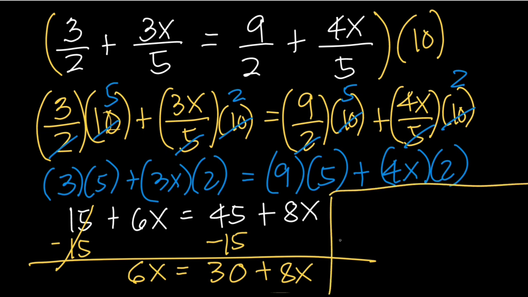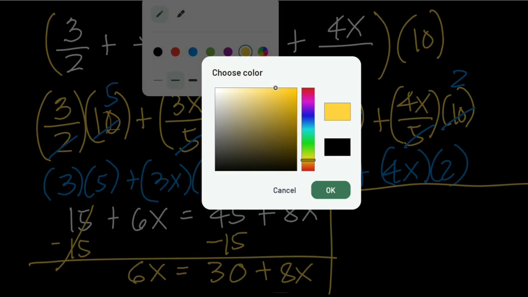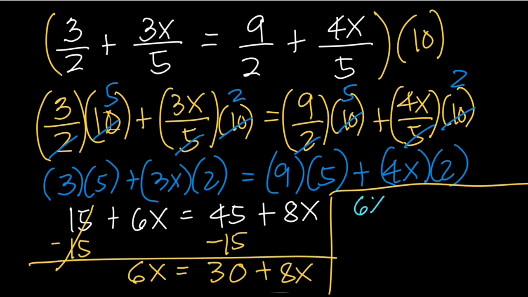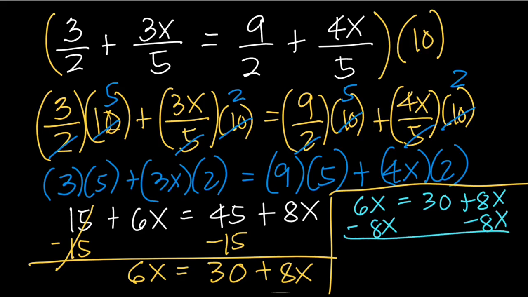Okay. Then we further simplify that. Let me change the color. Yeah, 6x equals 30 plus 8x. Then 6x minus 8x. Okay, negative 2x equals 30. Then we divide both sides by negative 2.